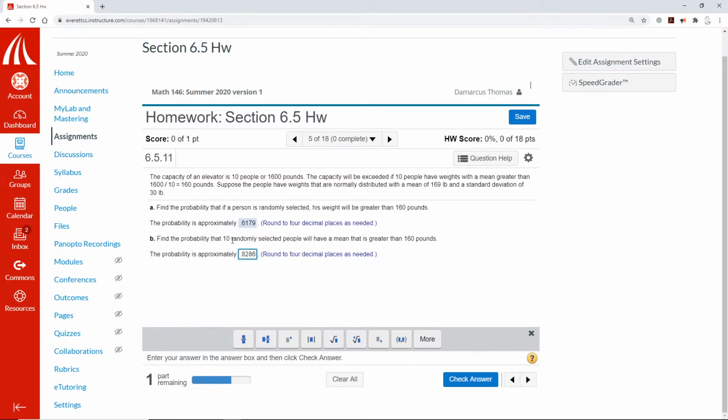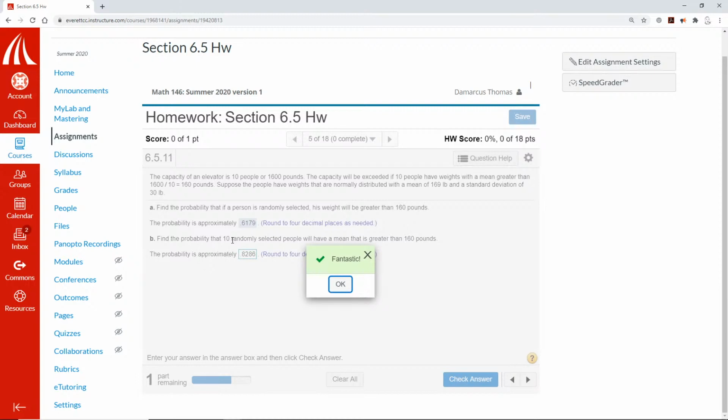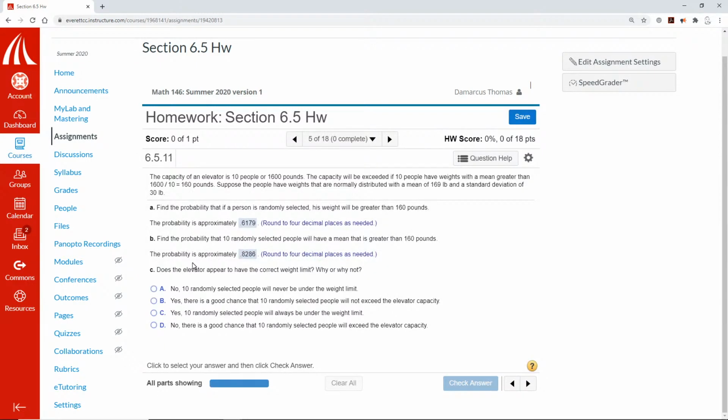And this is where we pray, hope that we get it right. And there it is. Now the question is does the elevator appear to have the correct weight limit?